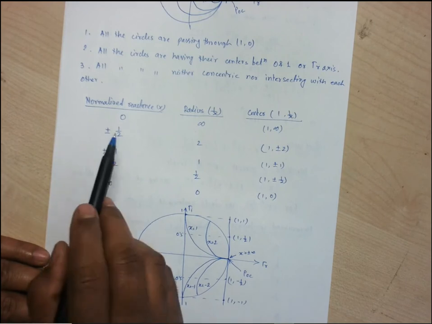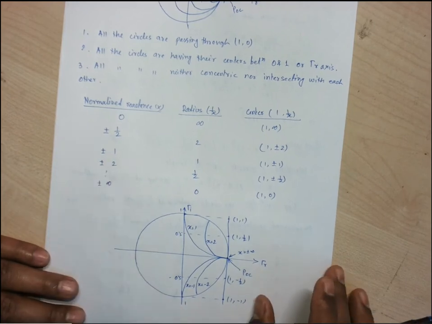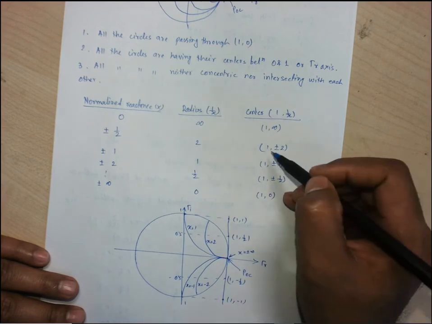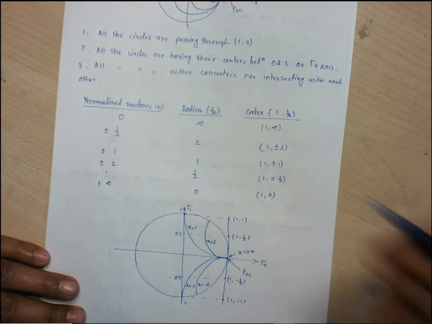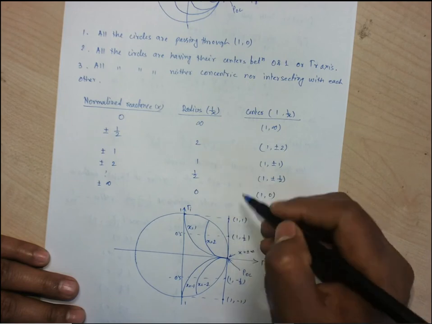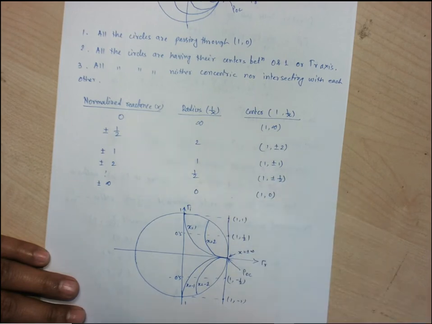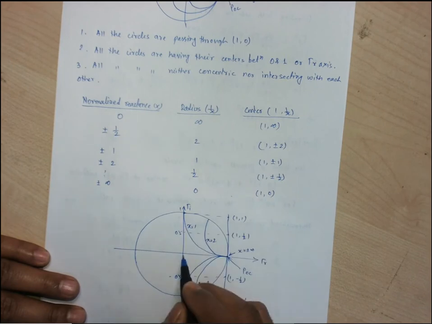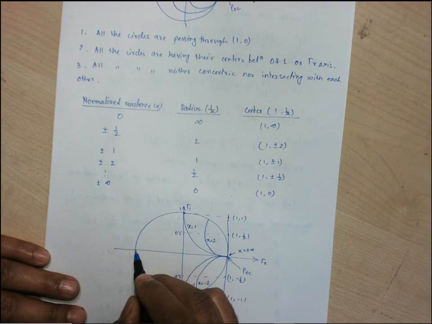Now if we consider the reactance is plus minus half, then we can have the radius 2 and center is at 1 plus minus 2. So beyond that, by taking this one as a center, obviously it should have the radius 2. So it is 1, it is up to this one, then we can consider up to this.